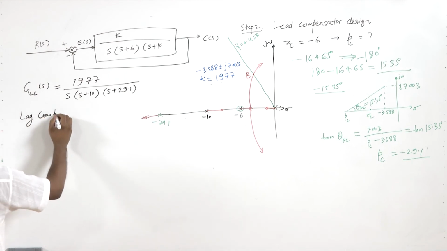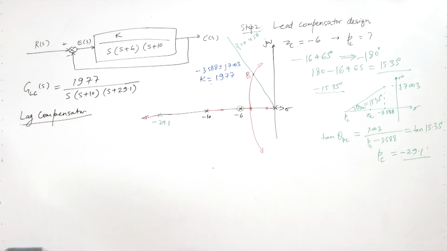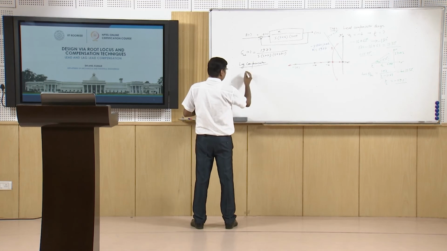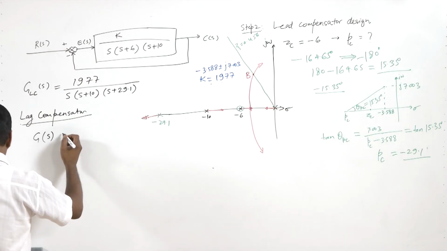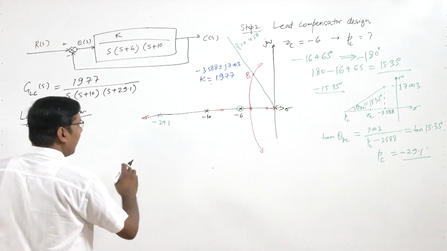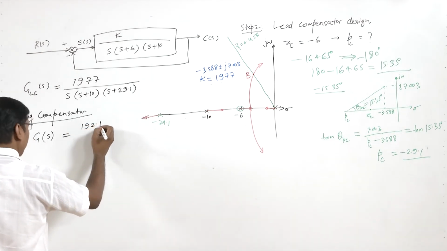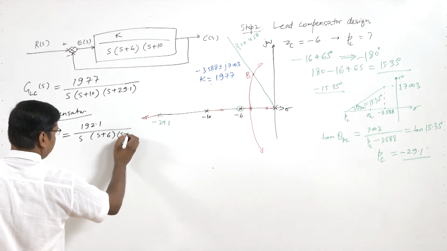So lag compensator we have to design. So we know that the uncompensated system GS was, and we had the gain K equal to 192.1 by S plus 6, S plus 10.